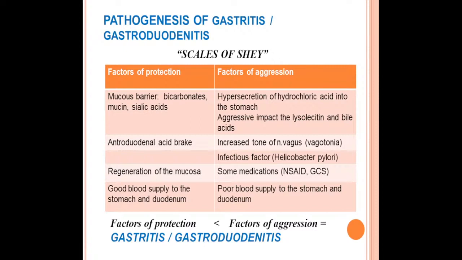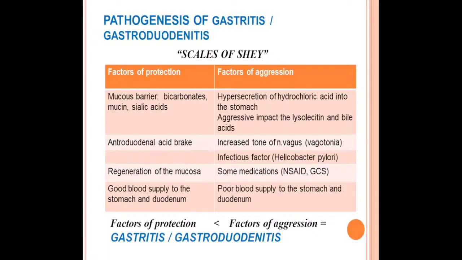And adolescents and adults have two additional negative aggressive factors in the pathogenesis of gastritis and gastroduodenitis. One is poor blood supply to the stomach and duodenum.